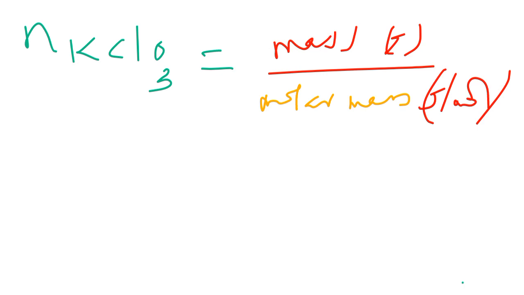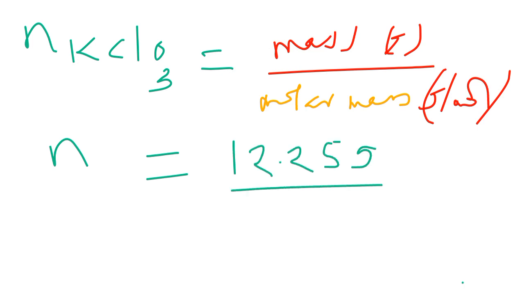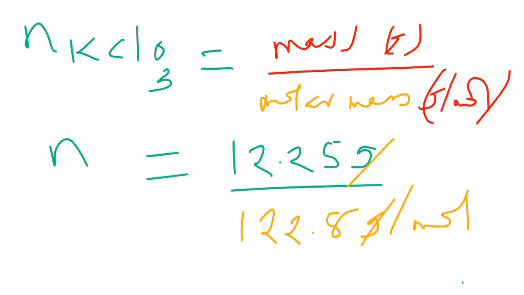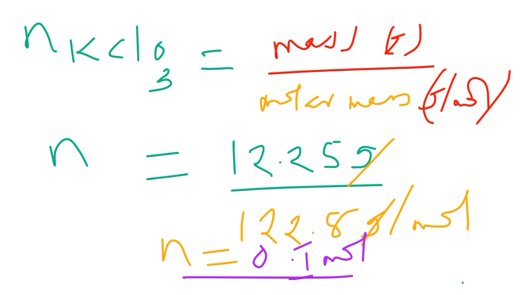So the number of moles of potassium chlorate is equal to the mass that I have been given, 12.25 grams, divided by the molar mass that I found, 122.5 gram per mole. Gram with gram will cancel out, so at the end we remain with moles. When you plug into your calculator it is 0.1 mole. So the number of moles of potassium chlorate is 0.1 moles.